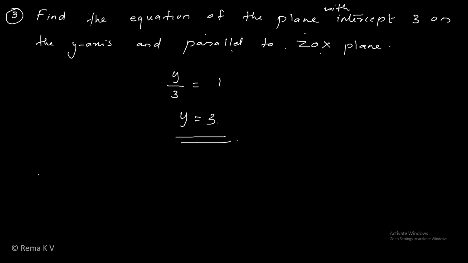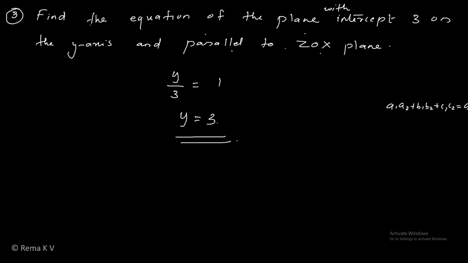Now the next topic is the condition for perpendicularity or parallelism. Two planes to be perpendicular or parallel is the same as in the case of vectors. In the case of vectors, we consider a1 a2 plus b1 b2 plus c1 c2 is equal to 0.